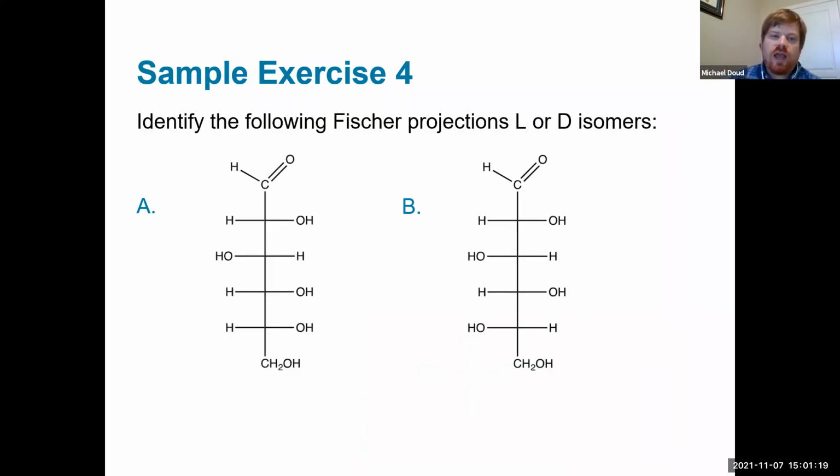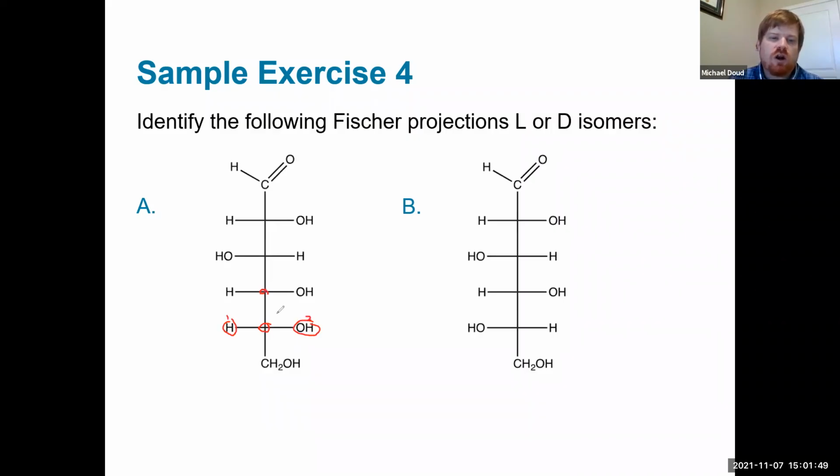Okay, so for A, start up here, we've got this aldehyde here. We're looking for the farthest chiral carbon. So this is a chiral carbon, this is a chiral carbon, this is a chiral carbon, this is a chiral carbon. You can do this really easily. The way you want to think about it is basically this. For this carbon here, we know it's bonded to a hydrogen. We know it's bonded to a hydroxyl group. That's two different things. Then don't just look at the atom that it's bonded to.